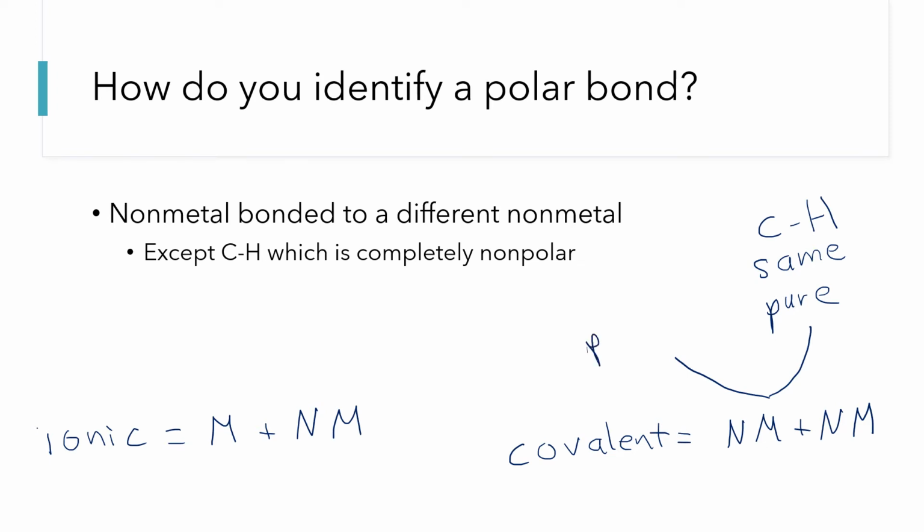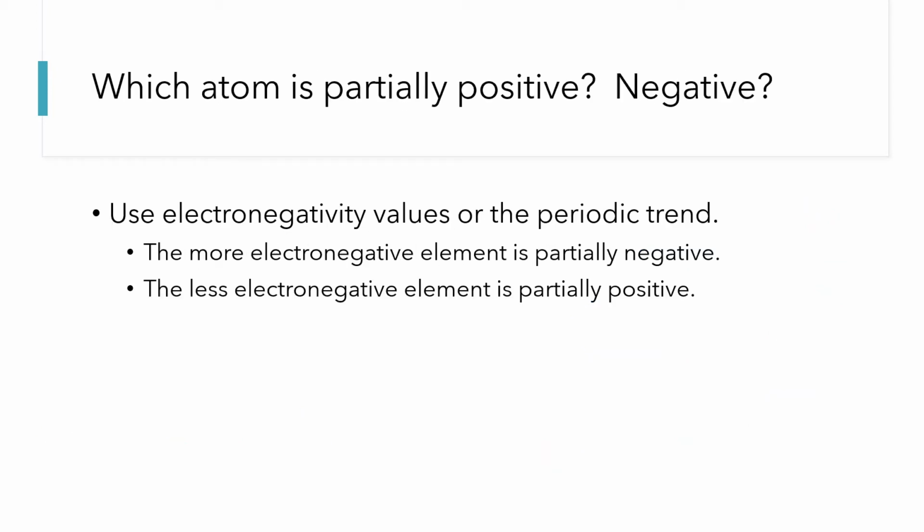So for a polar covalent bond, we're looking at two different nonmetals bonded to each other. For instance, carbon bonded to carbon would be a pure covalent bond, but carbon bonded to oxygen would be a polar covalent bond.